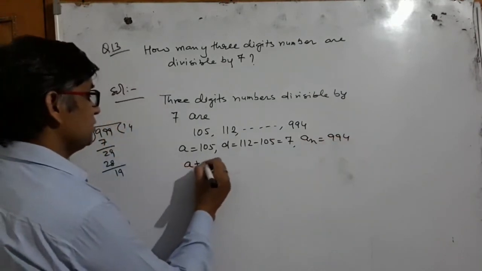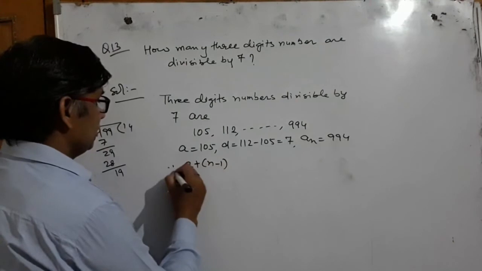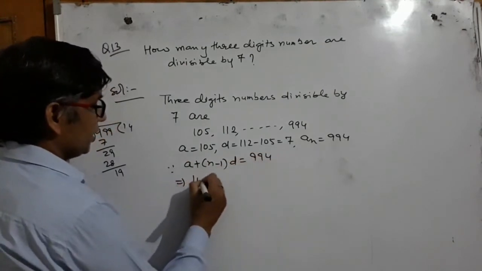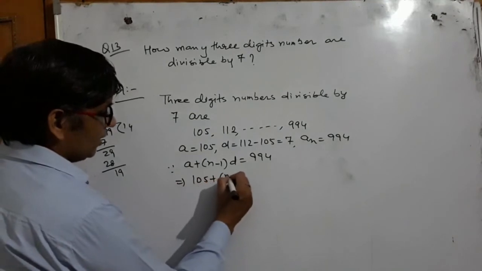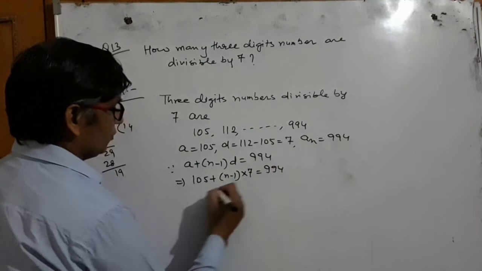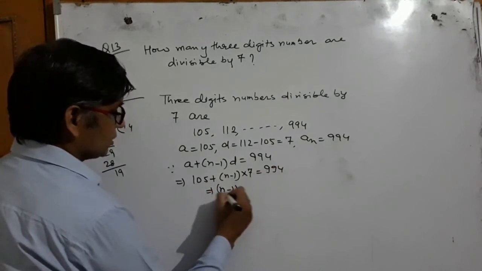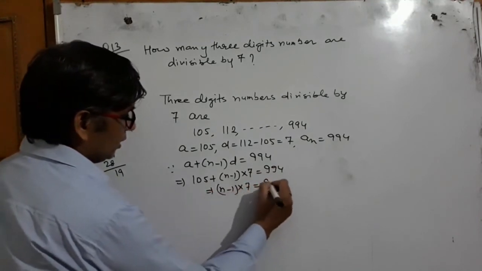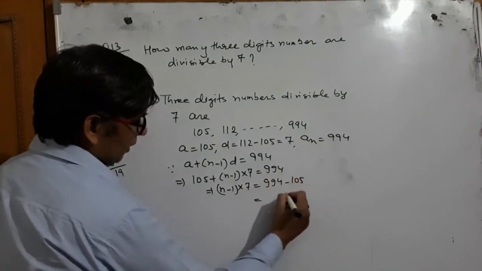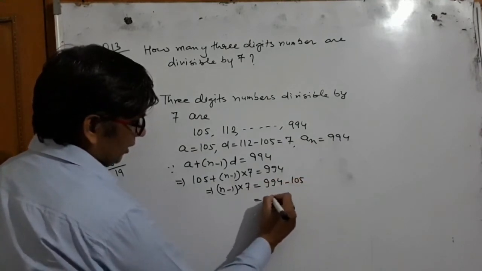So A plus n minus 1 into D equals to 994. A is 105, n find करना है, D is 7 equals to 994. So n minus 1 into 7 equals to 994 minus 105, that is 889.